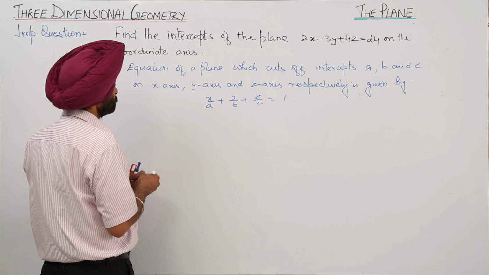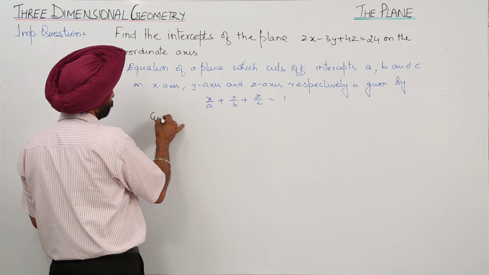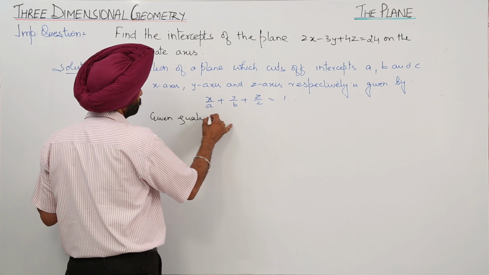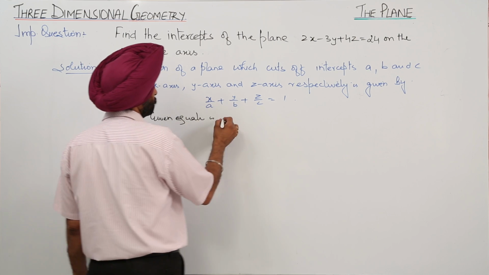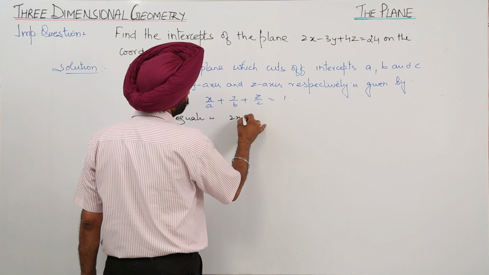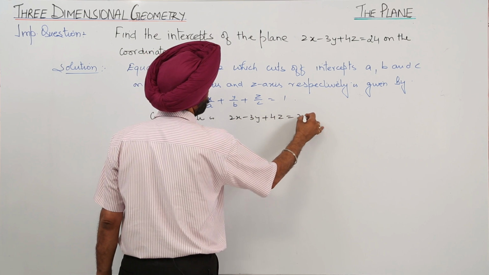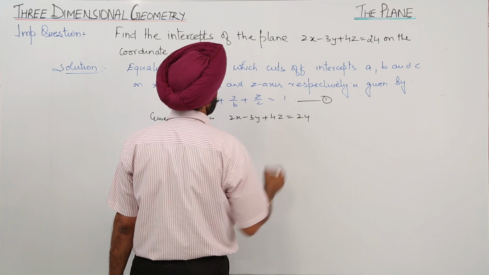Now, given equation is, it is 2x minus 3y plus 4z is equal to 24. Let this be equation 1.